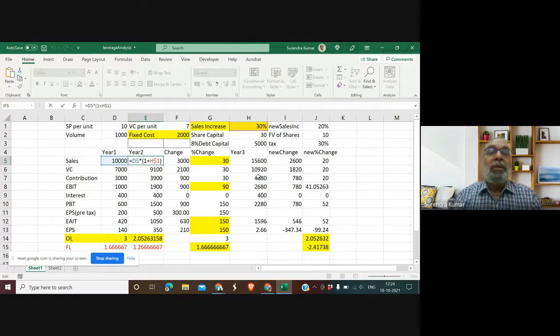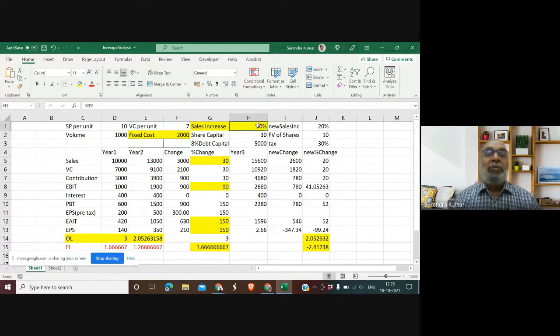Yes, so that's my sales increase information. So if I change my sales increase information from 30% to 20%, my operating leverage doesn't change.